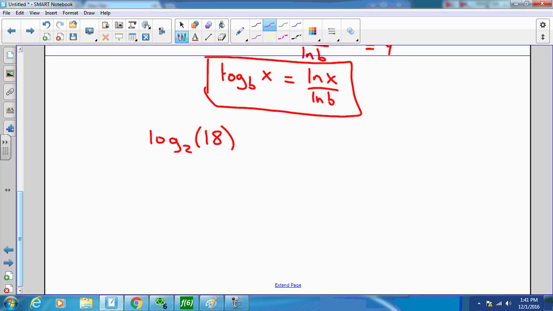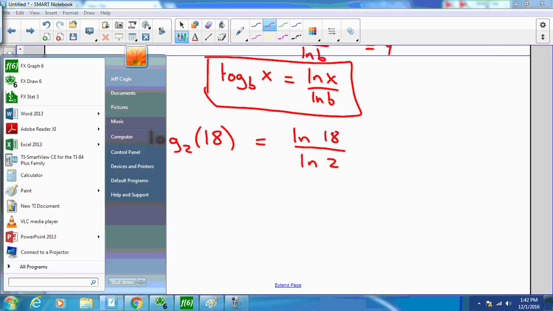So suppose I wish to calculate log base 2 of 18. The really recent TI calculators have a log base b button, but the old ones don't. And so the way in which we would compute log base 2 of 18 is to use the change of base formula and rewrite that as natural log of 18 divided by the natural log of the base 2.